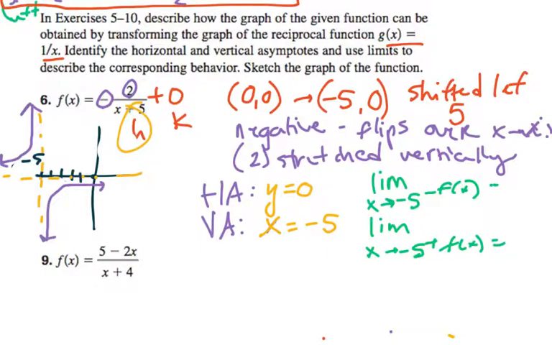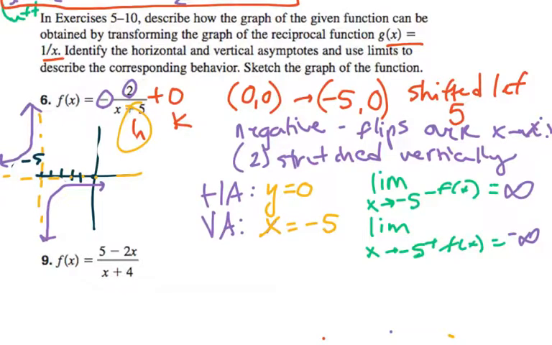And so that means that approaching negative 5 from the left, left is over here, goes up to positive infinity. And approaching negative 5 from the right goes down to negative infinity.